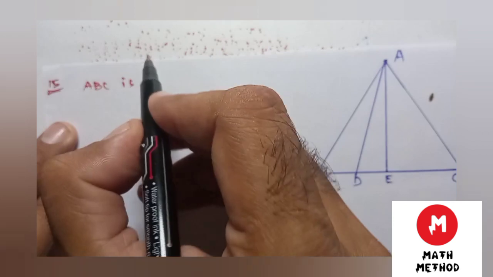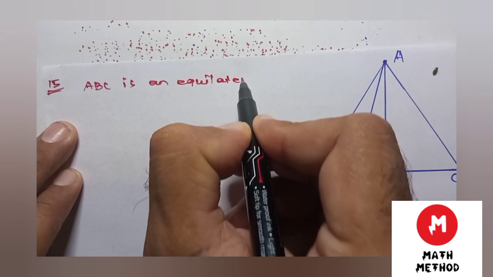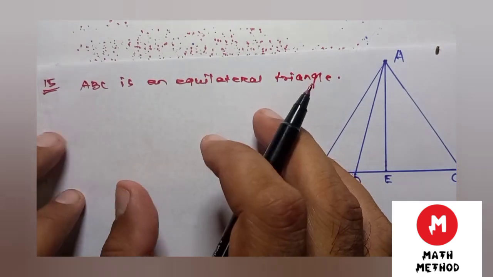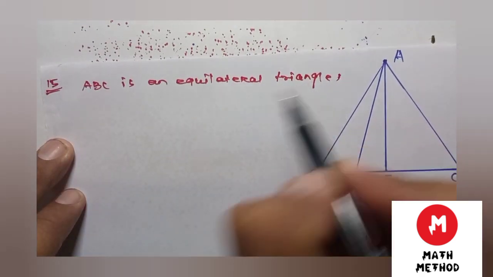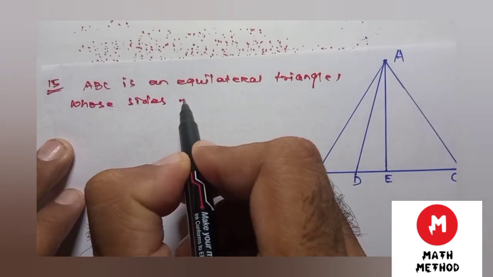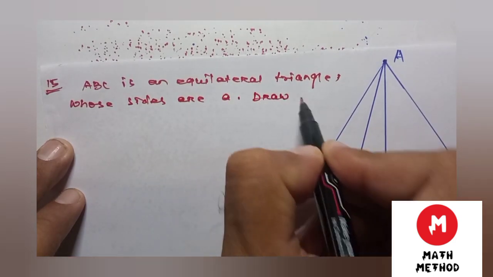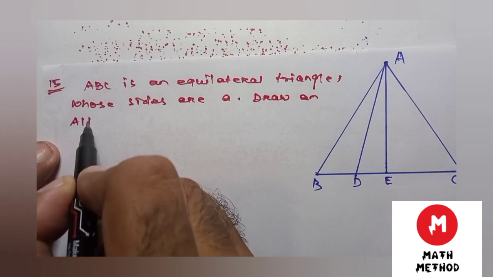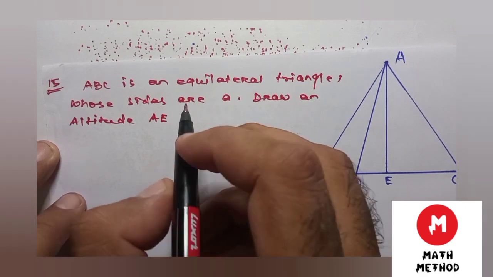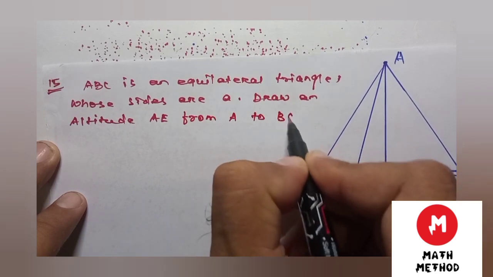Now I will write like this: triangle ABC is an equilateral triangle whose sides are a. Draw an altitude AE from A to its opposite side BC.